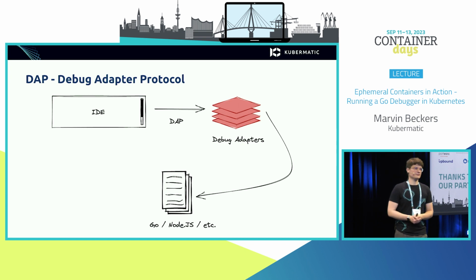And these debug adapters speak a common language, a common protocol, to actually debug your application. For example, setting a breakpoint is a standard protocol call in DAP, interacting with your code. And we're going to use this in a bit.